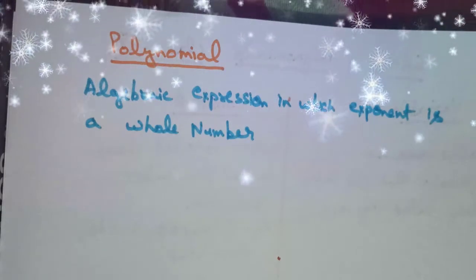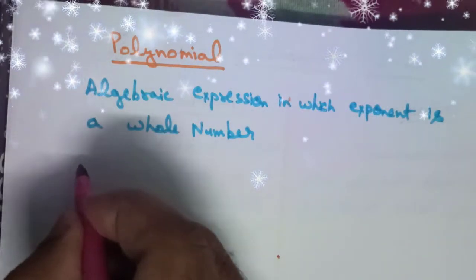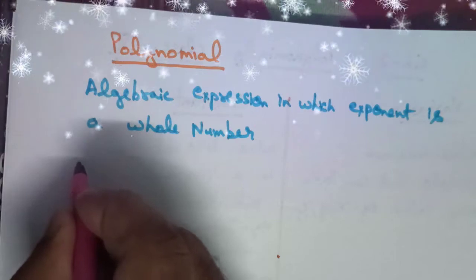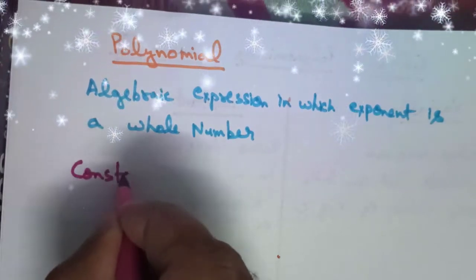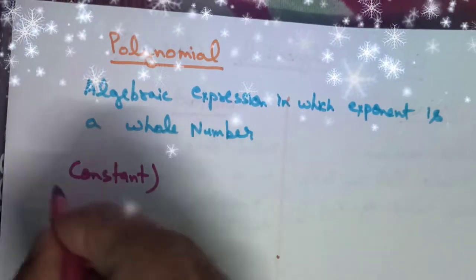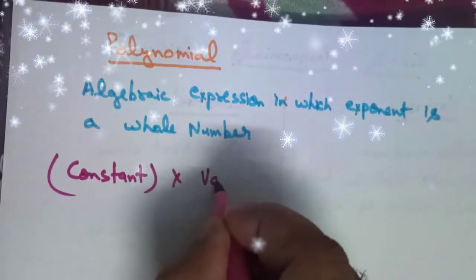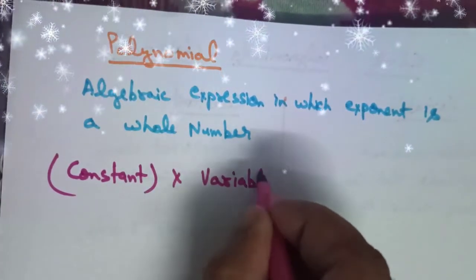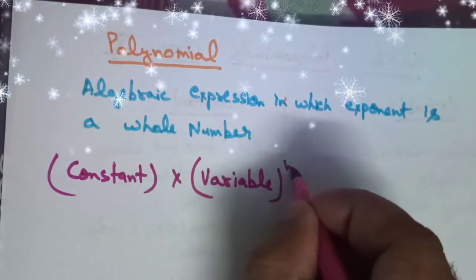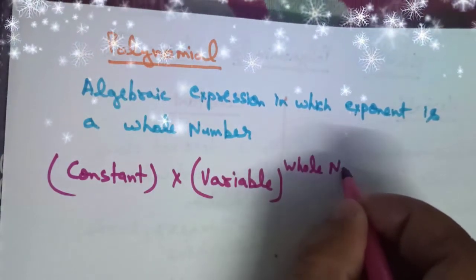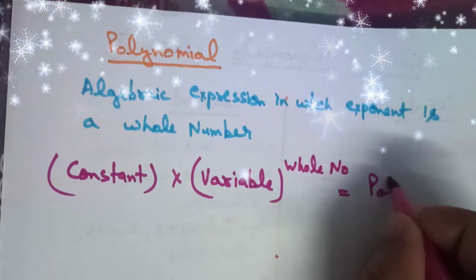All algebraic expressions are not polynomials, but all polynomials are algebraic expressions. So we can write it in the form of a formula: a constant multiplied by a variable raised to the power of a whole number is equal to a polynomial.